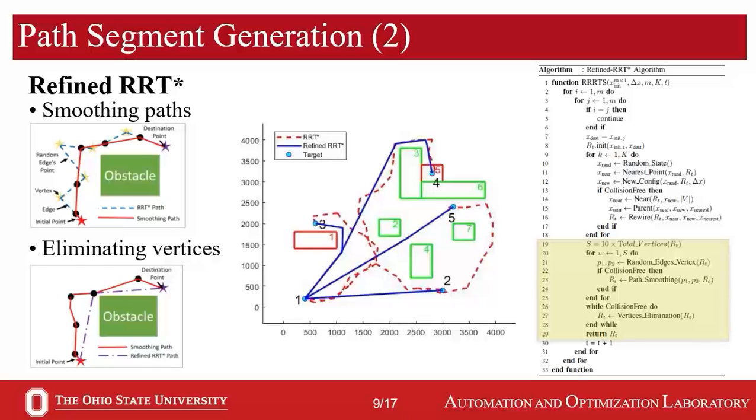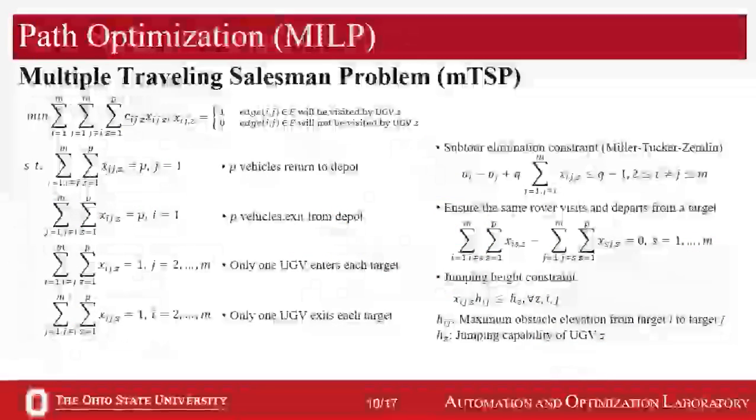Next, we eliminate redundant vertices from the initial target to the final target. For a jumping path, the obstacle will be considered as traversable terrain and the cost calculated with the same procedure. Finally, we calculate the cost of each segment based on the vehicle's power consumption characteristics and the number of jumping motions for the certain path segment.